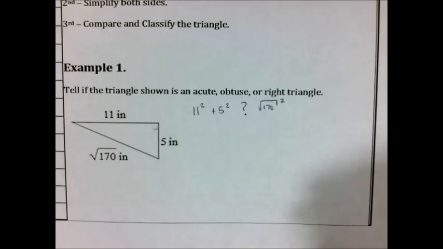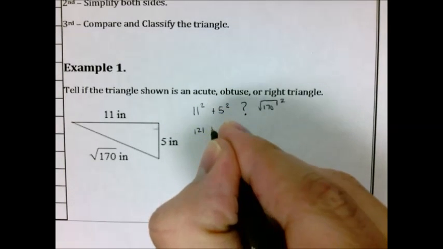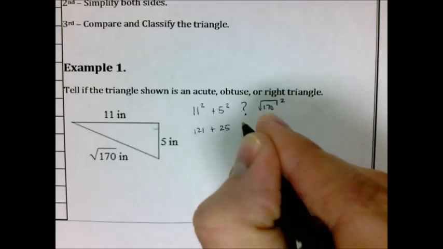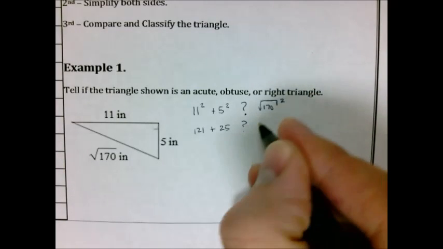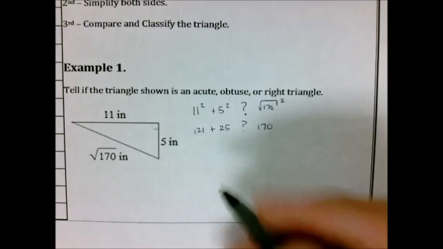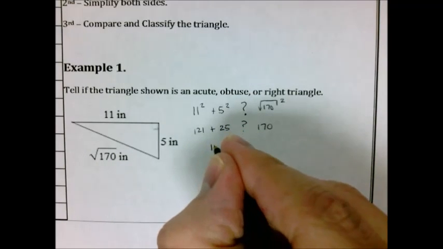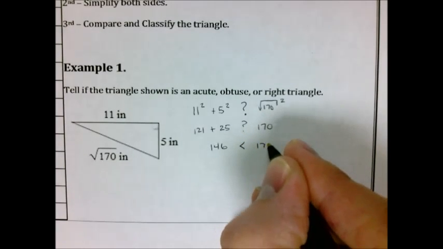Okay, so if we go ahead and solve this, 11 squared is 121 plus 5 squared, which is 25. We want to know, is that bigger than the square root of 170 squared, which is actually just 170? 121 plus 25 is 146, and we can see that is less than 170.